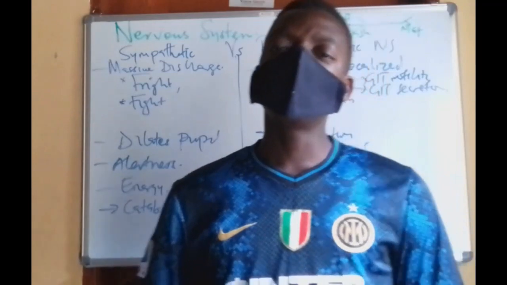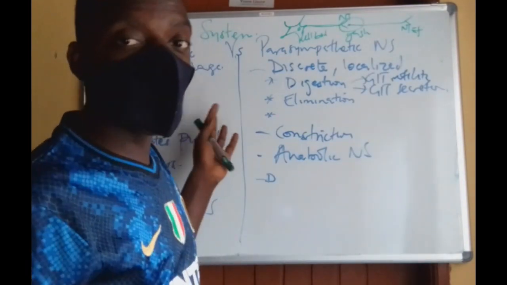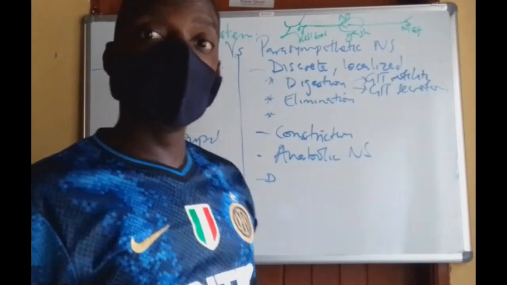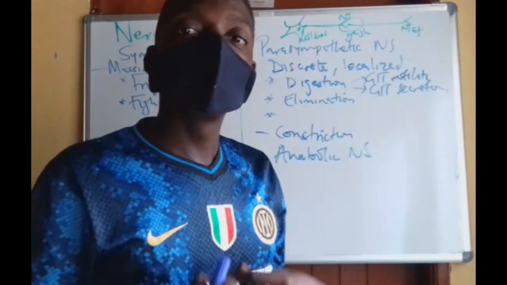So those are the major differences we can talk about, but many are there: bradycardia, tachycardia. This one will cause tachycardia. You need to run, you need to supply blood to vital organs. It will cause increased blood flow to the lungs to pick up much oxygen.